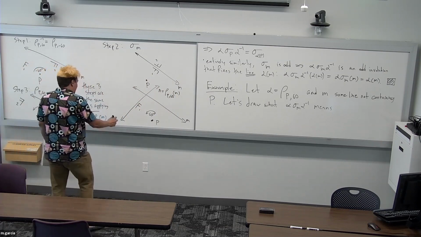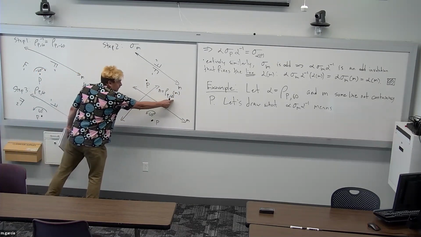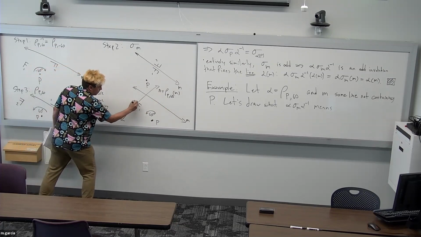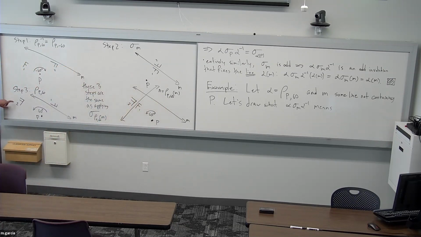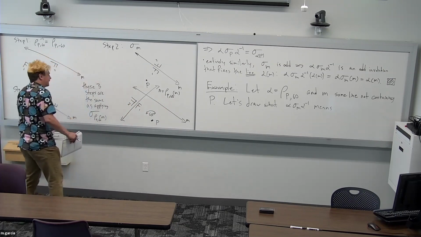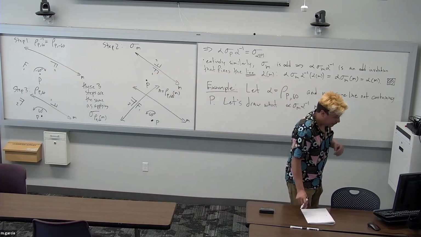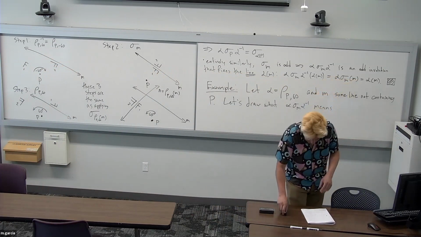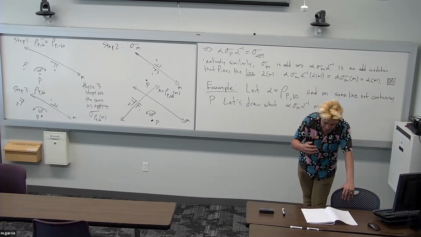And I operate the reflection about N. That is rho sub P comma 60 of M. And what do I get? The same thing that I got from doing steps 1, 2, and 3 in order. I've done a single geometric step. Okay? That kind of illustrates the power of this notion of conjugation and the algebraic rules we derive from that.